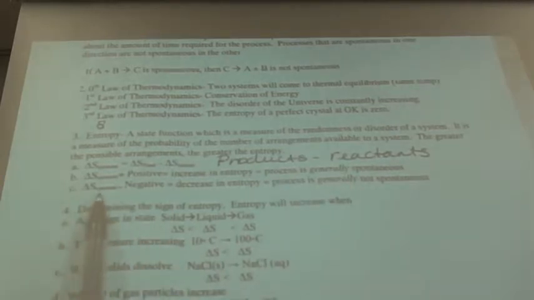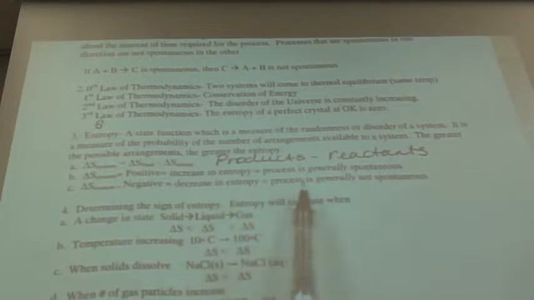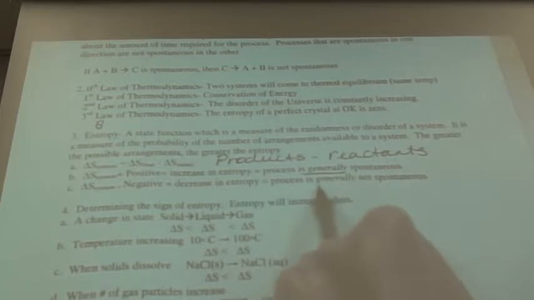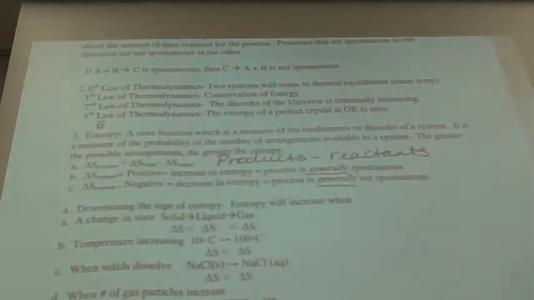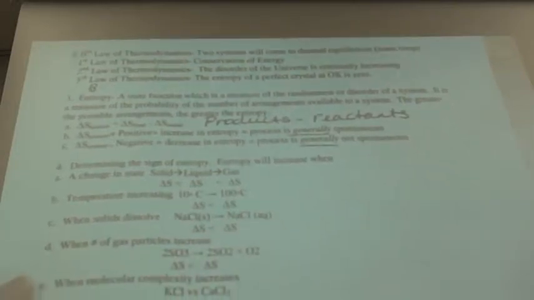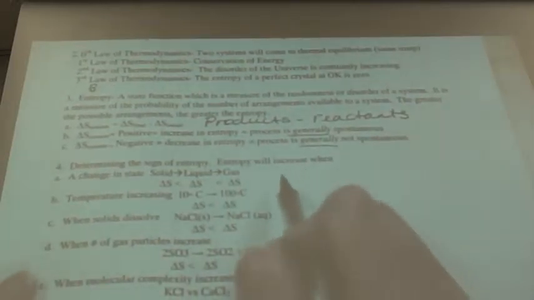If the change in entropy of the system is negative, that's a decrease in entropy, that process is generally not spontaneous. Please note the term generally. That's because there are exceptions to this rule. And something we need to backtrack and revisit is this.